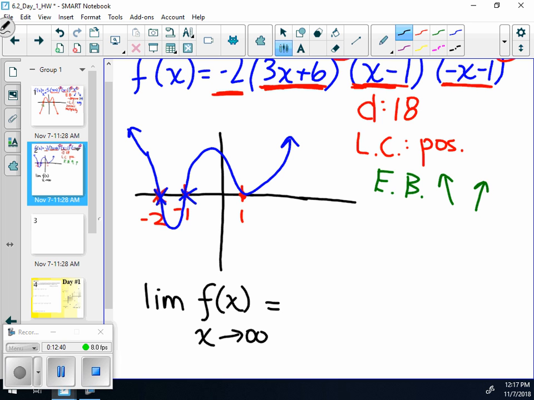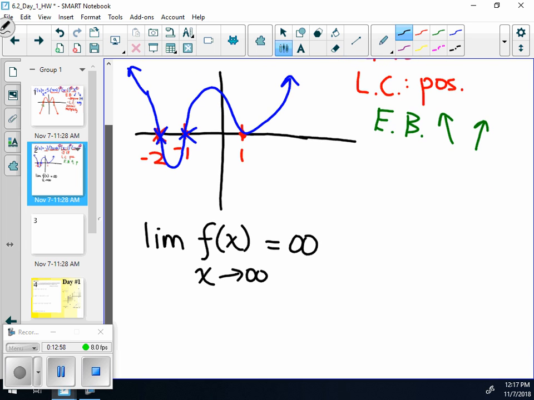So that means the limit as my function goes towards infinity in this direction, the limit is, in the y direction, it's just going to also keep going to infinity. Okay? This is the mathematical way of writing this end behavior here. So these are equivalent.